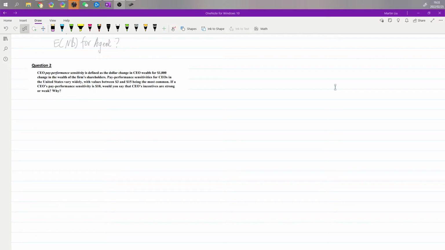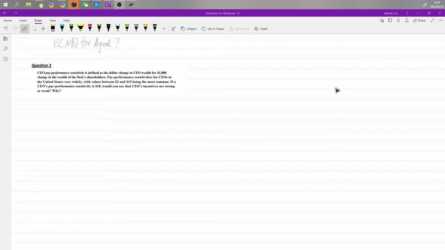In this case, let me walk you through. It says the CEO pay sensitivity is defined as the dollar change in the CEO's payment for each $1,000 change in the wealth of the firm's shareholders, and that basically means when the firm's value changes, the CEO earns some payment.